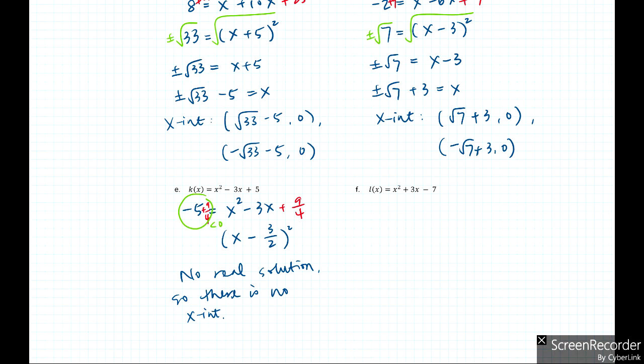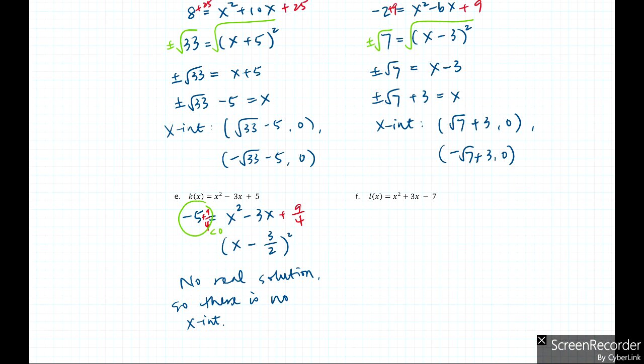And next, for part F, when we have this form, we want to repeat the process as how we started in part E. We can add 7 on both sides and get 7 is equal to x squared plus 3x if we know L of x is equal to 0 for the x-intercept.